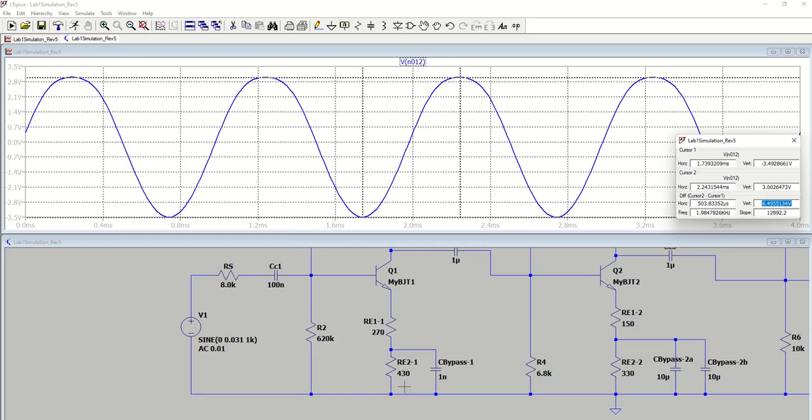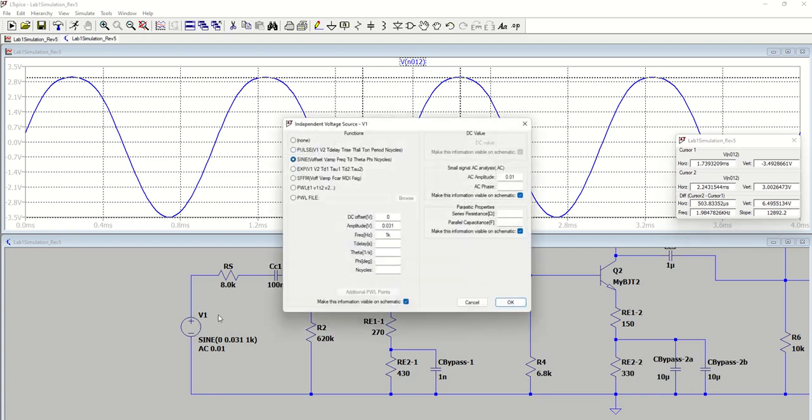And this takes a little bit of interpretation for you. It's a little bit up to you. The input voltage that you go with might not be 0.031 volts.